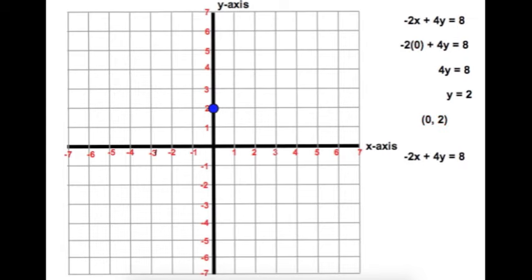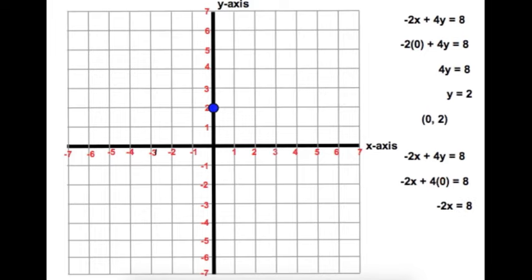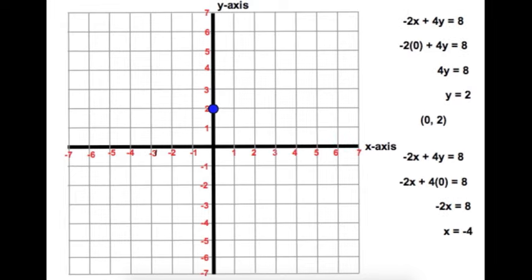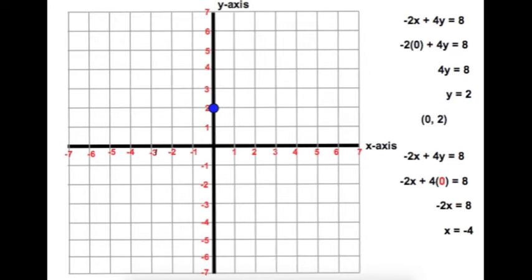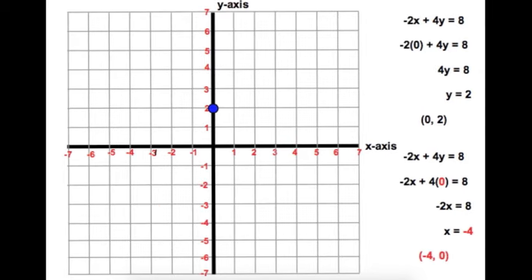Let's now find our x-intercept. To do this, we substitute 0 in for y into our equation. 4 times 0 is 0, so we are left with negative 2x equals 8, making x negative 4. So, when y equals 0, x equals negative 4, giving us the ordered pair (negative 4, 0).